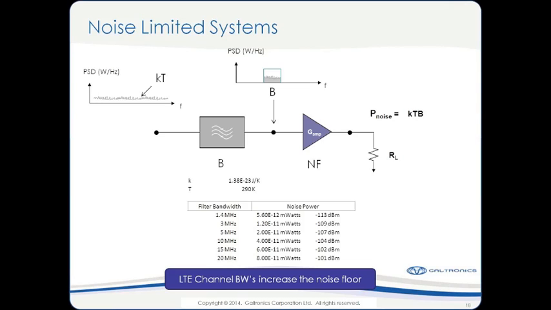We can see that the thermal noise floor defined by those filter bandwidths corresponds to -113 up to -101 dBm. This is something different if you're used to working in 3G systems. The 3G channel bandwidths are significantly narrower, and because they're narrower, you end up with much lower noise floors. So LTE channel bandwidths definitely increase the noise floor, and we need to keep that in mind.